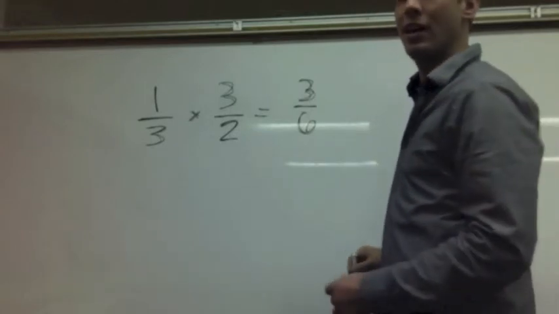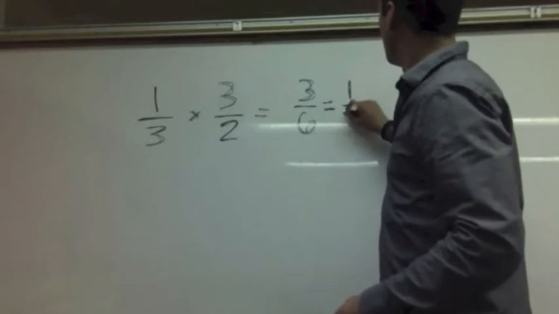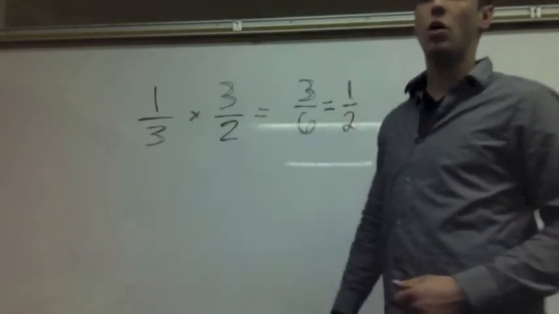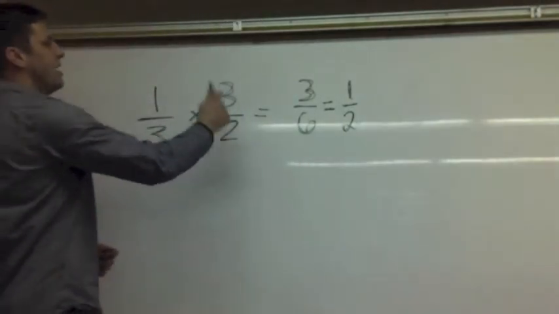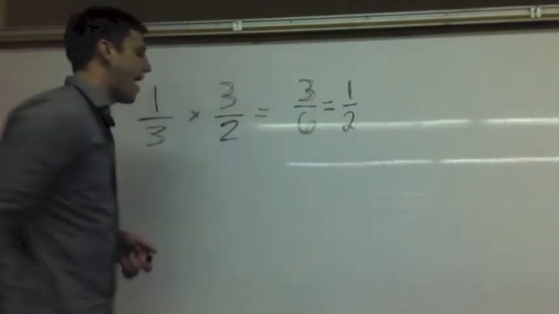That can be simplified into 1/2. So your solution to the first problem, which was 1/3 divided by 2/3, now changed to 1/3 times 3/2, is 1/2.